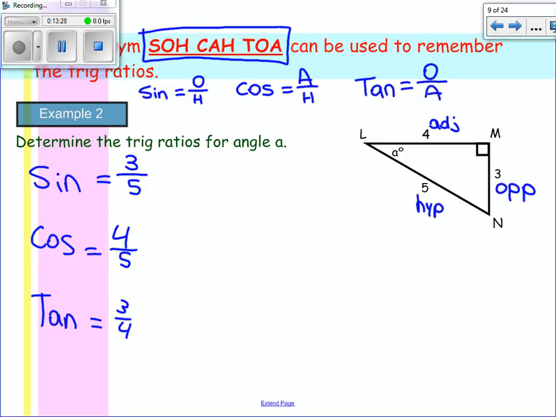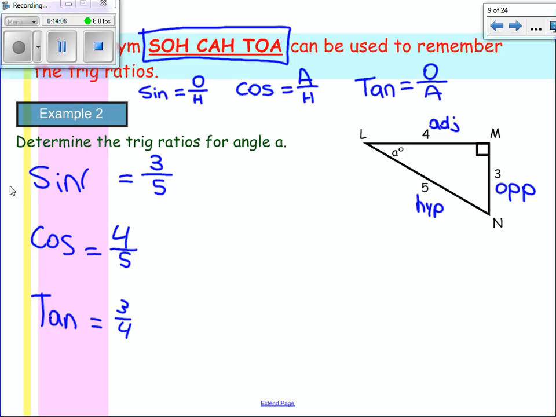Now, right now, this doesn't make much sense. When you say sine equals this, that doesn't mean much because you haven't said what angle you're working with. So the proper way to write this is to write sine and then bracket and then the angle that you're working with.